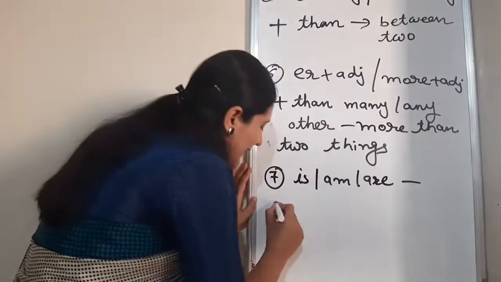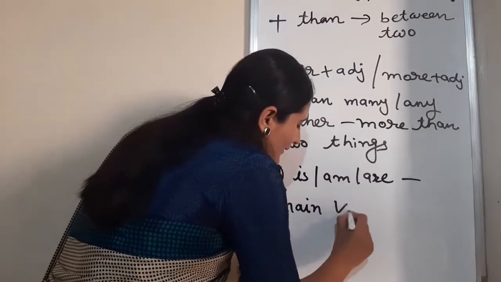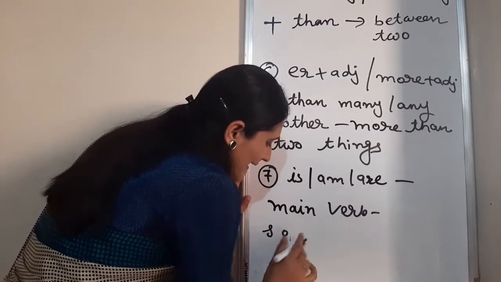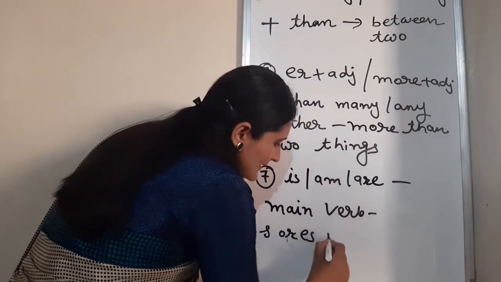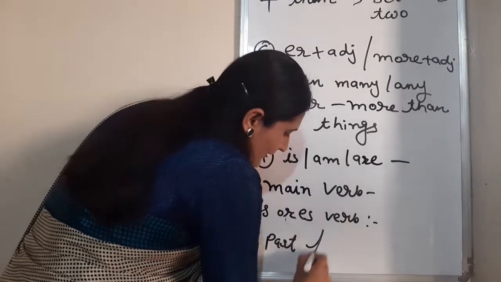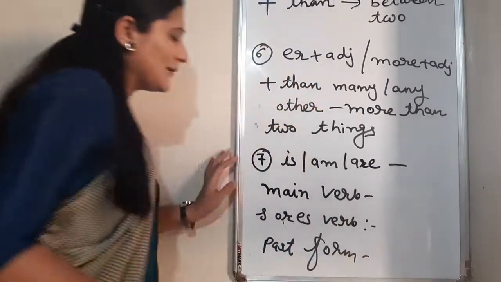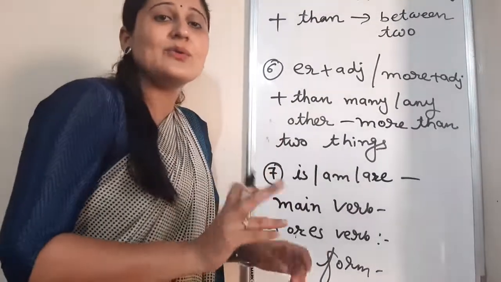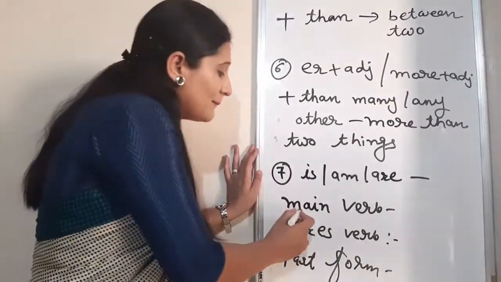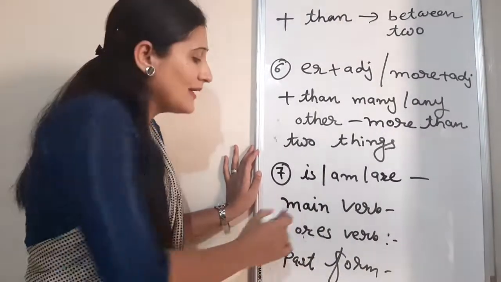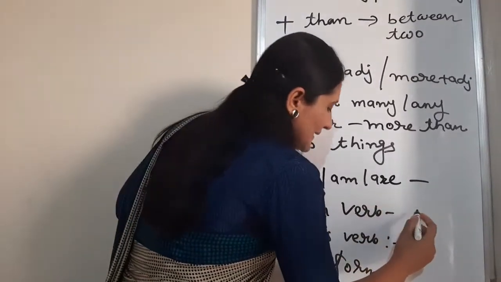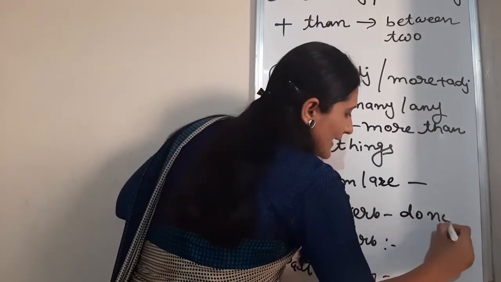But just imagine, if there is a main verb, or S or ES at the end of the verb, or if there is a past form. You know is, am, are are auxiliaries. But if auxiliaries are not given, and a main verb is given, with S or ES, like play, plays, played, past form with ed, then we need to write here "do not" for negative.